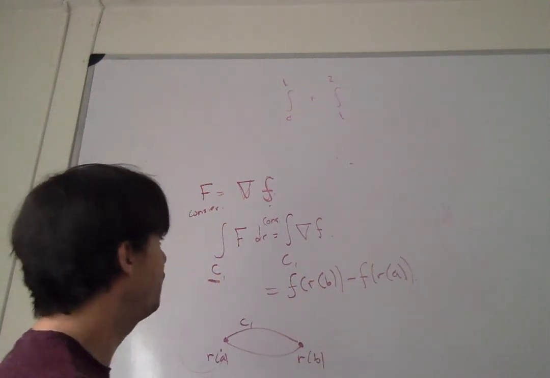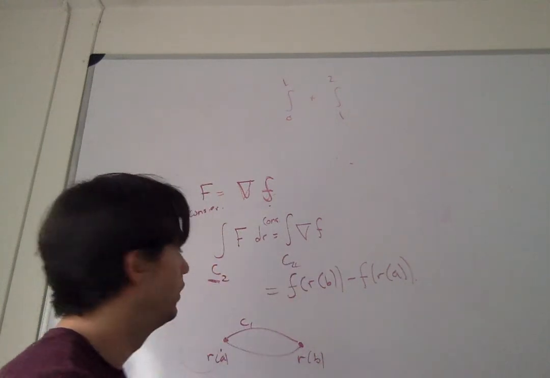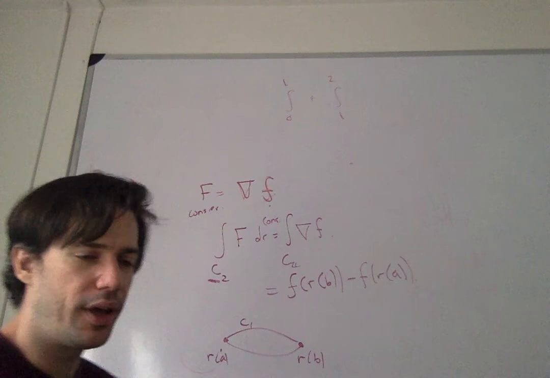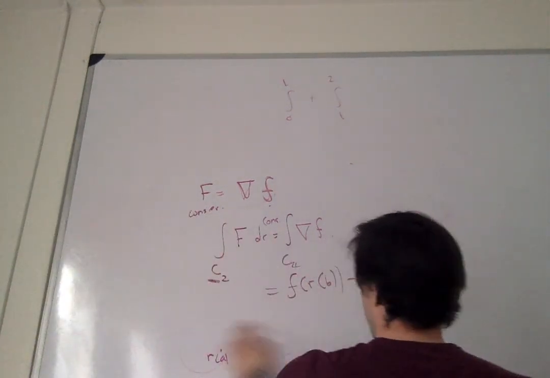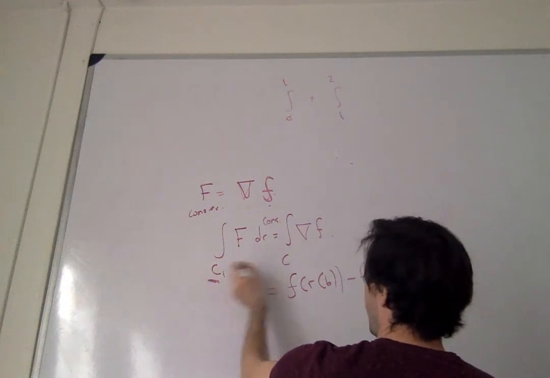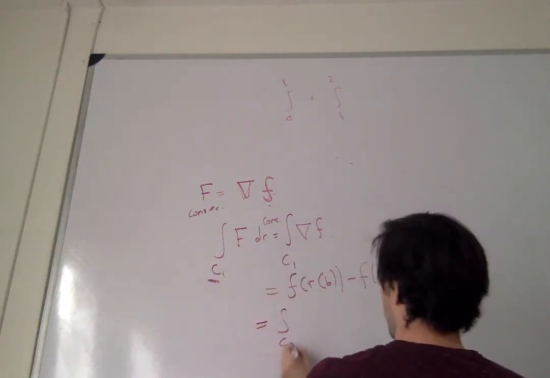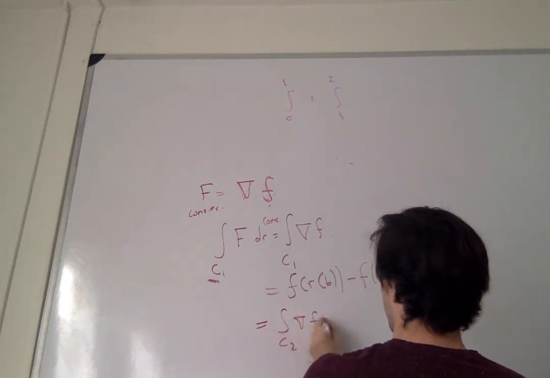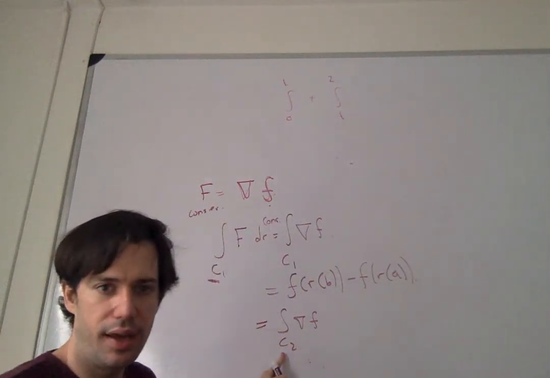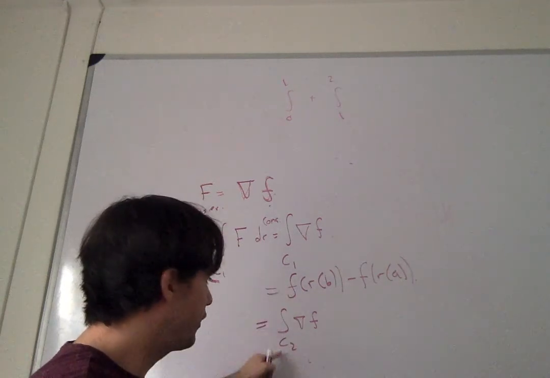But wouldn't it also be true that this is equal to C2, right? So I think you get the point. I can say that this is equal to C1, and this is also going to equal this, right? Also by the fundamental theorem of calculus, but I've picked a different curve.